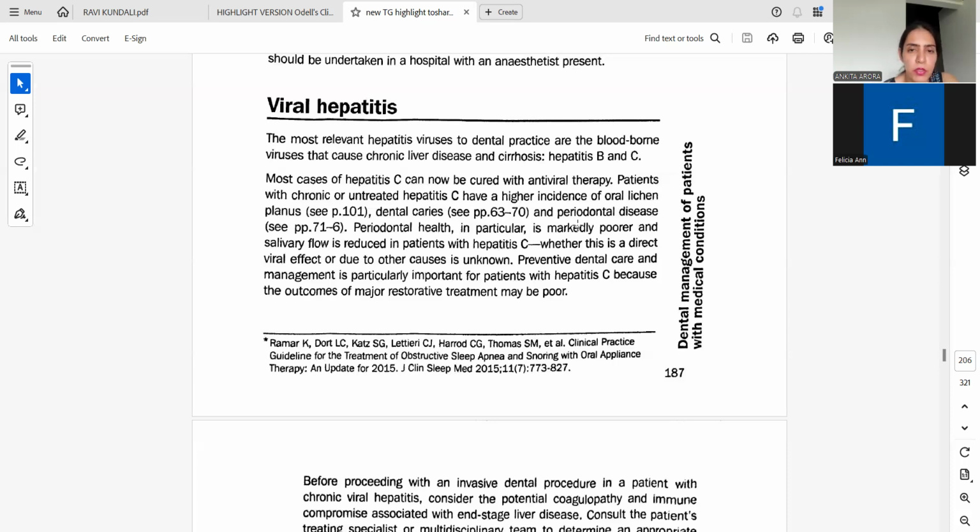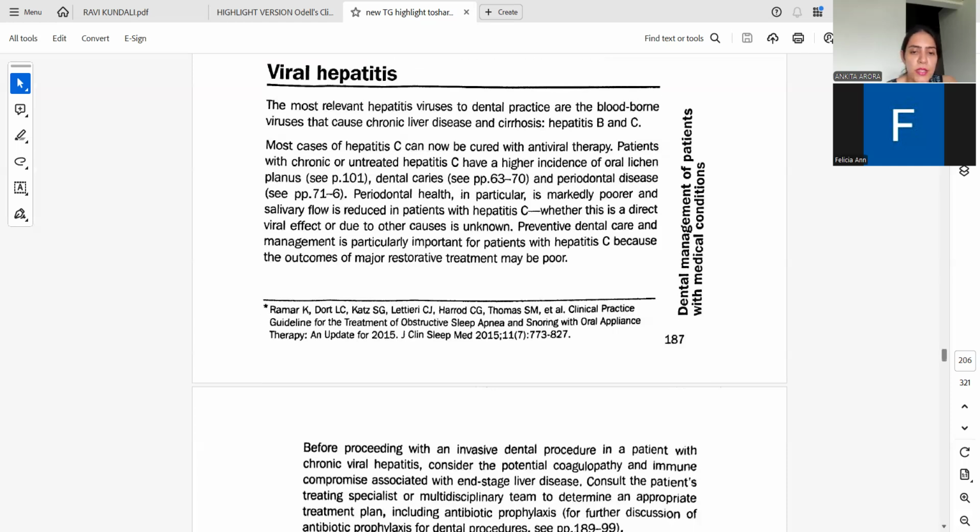Periodontal health in particular is markedly poorer, and salivary flow is reduced in patients with hepatitis C. Whether this is a direct viral effect or due to other causes is unknown. Preventive dental care and management is particularly important for patients with hepatitis C because the outcomes of major restorative treatment may be poor.